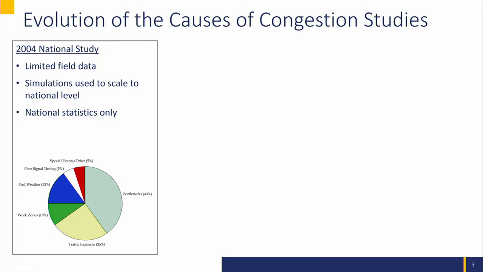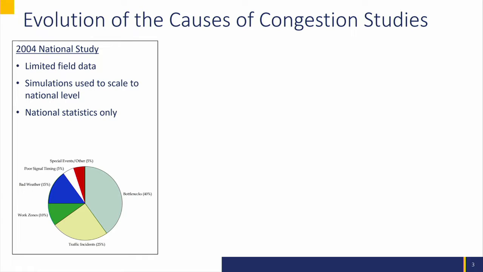So just a brief background. If you are familiar, in the United States, a pretty famous study conducted by colleagues at Texas Transportation Institute and Cambridge Systematics was to, for the first time, try to estimate the causes of congestion in the United States at a national level.